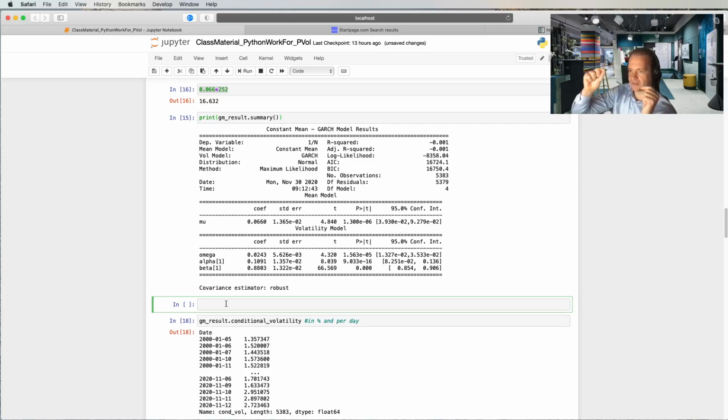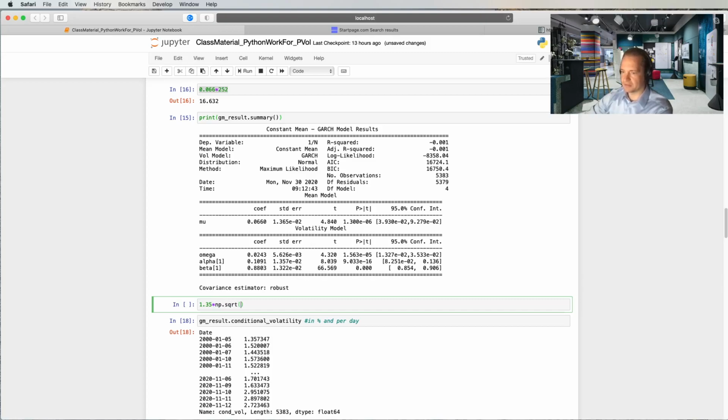The returns are multiplied by 100, so we give in daily returns in percentage units, and therefore the variance is also in percent per day. Let's double check: 1.35 times that's the vol.